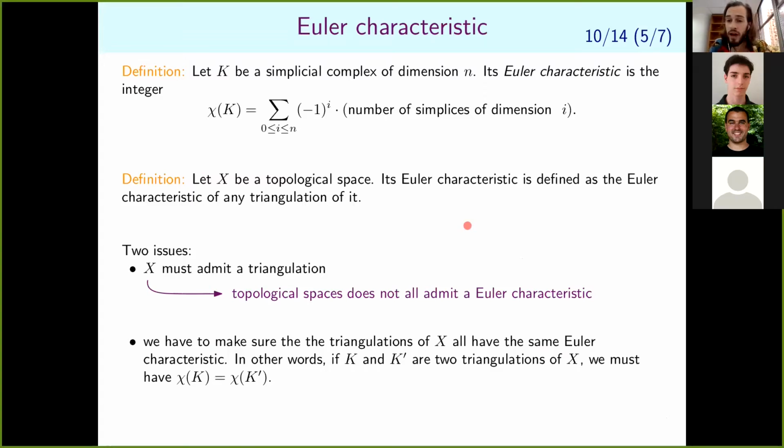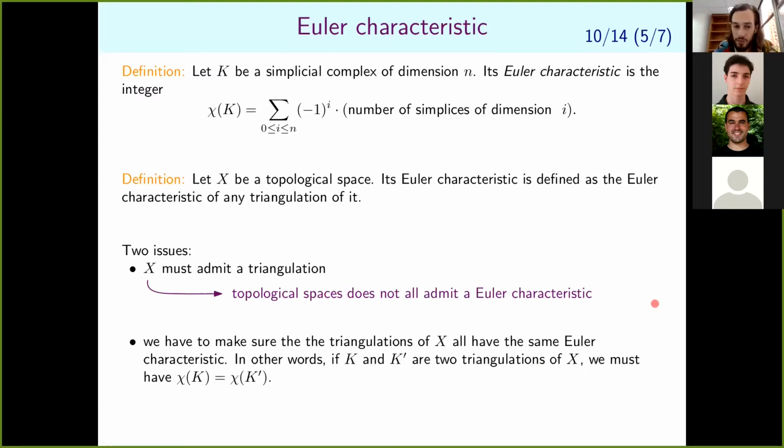Otherwise, I wouldn't have a unique Euler characteristic, and this would not be a mathematical definition. In other words, if I have two triangulations K and K prime of a topological space X, then the Euler characteristics of K and K prime are equal.